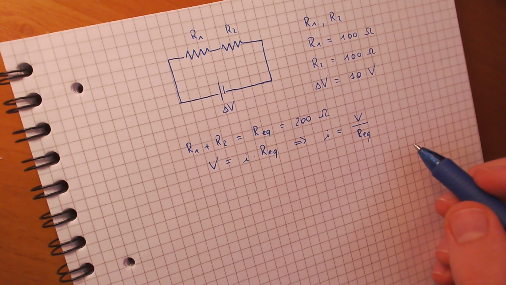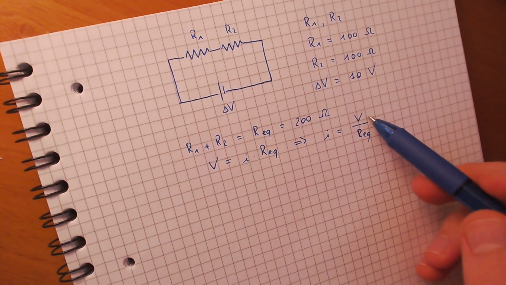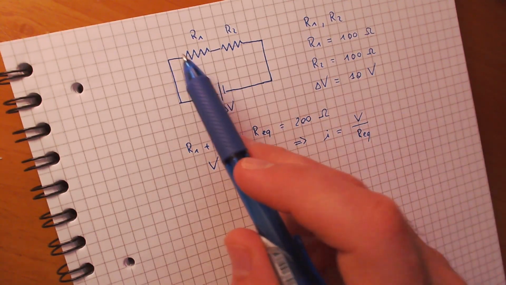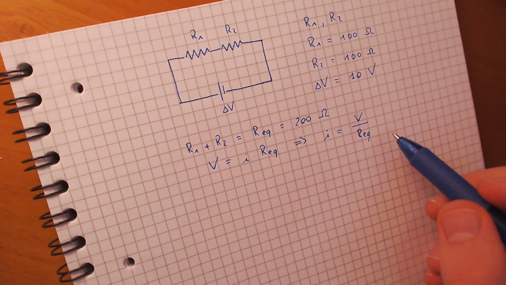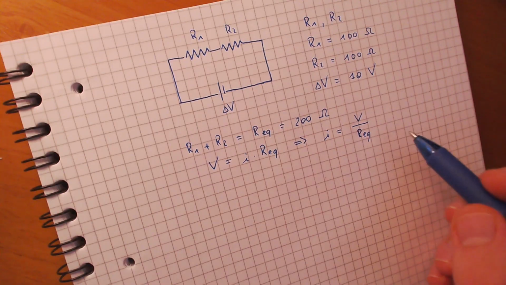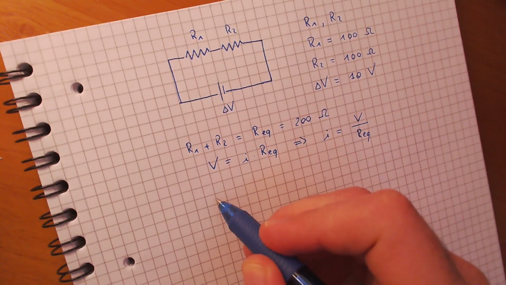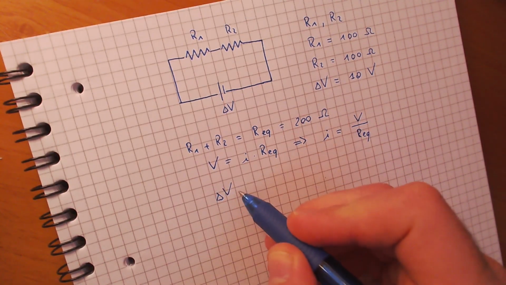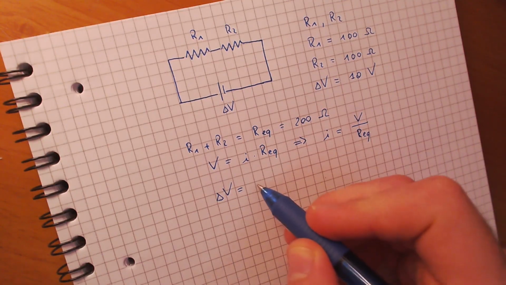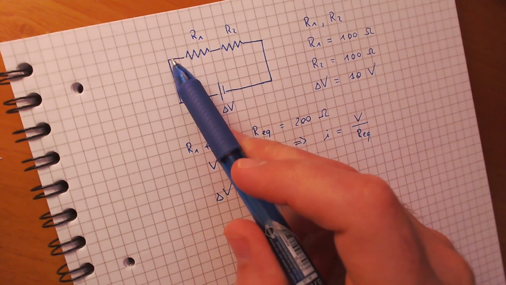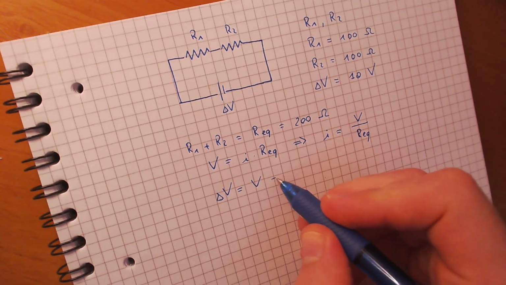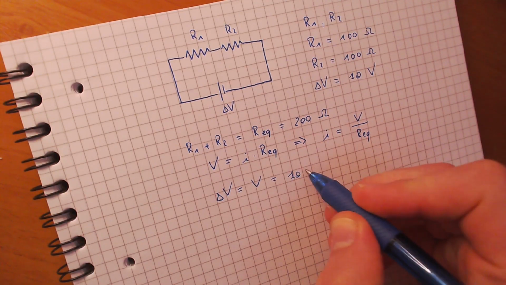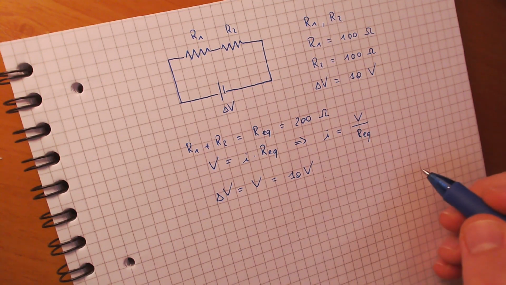So we have to find the voltage between these two points, but we know from Kirchhoff's law that the power supply has to be equivalent to the voltage across the two resistors, so V is 10 volt as well.